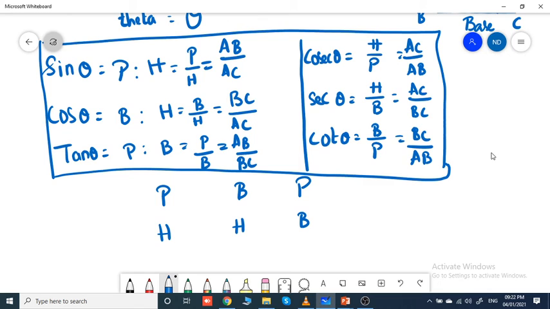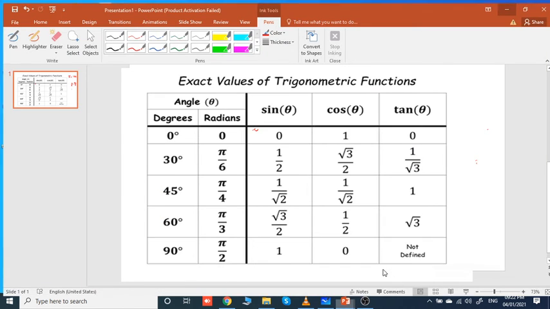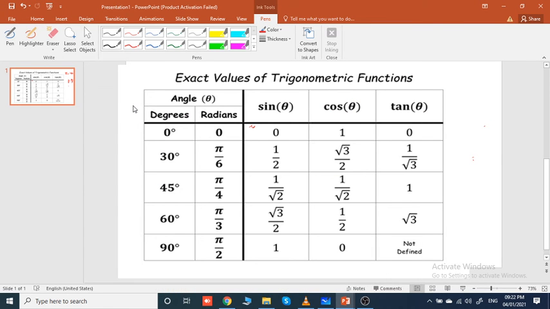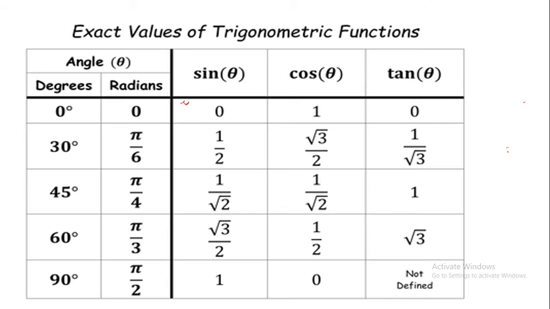And last, we are going to see small trigonometric values. See here, these are the exact values of trigonometric functions. What I did is angle in degrees and radians, sin theta, cos theta, and tan theta.